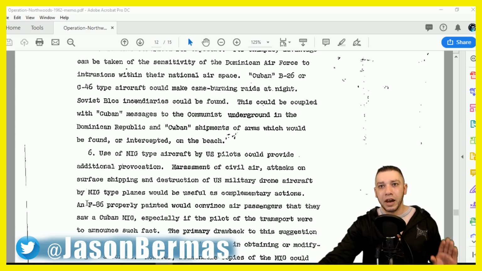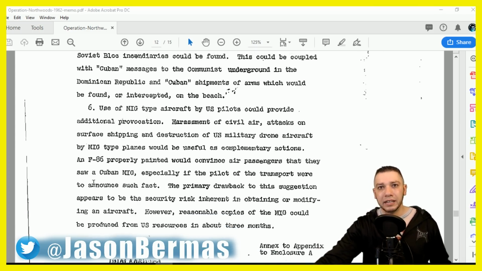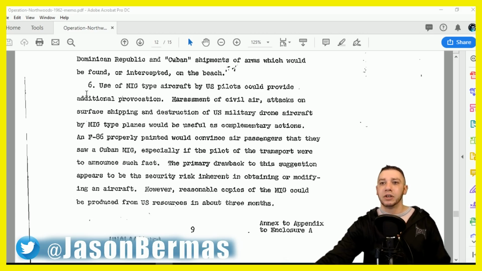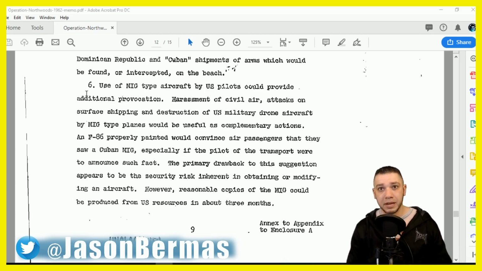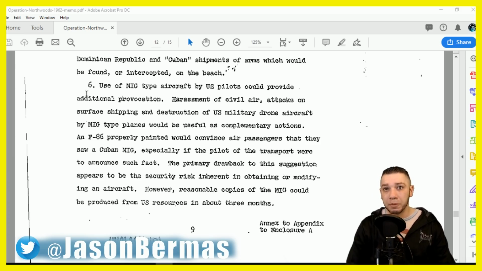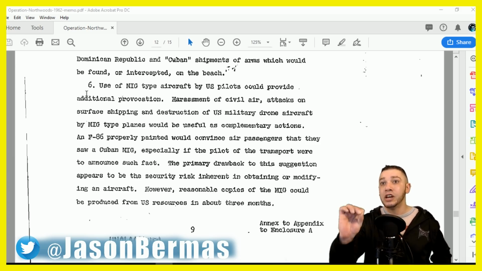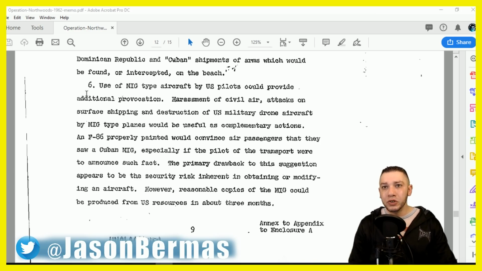And there you go. Now here's where we get into some parallels with 9/11, according to some people. Use a MiG-type aircraft by U.S. pilots could provide additional provocation, harassment of civil air attack on surface, shipping, and destruction of U.S. military drone aircraft by a MiG-type plane would be useful as complementary actions.